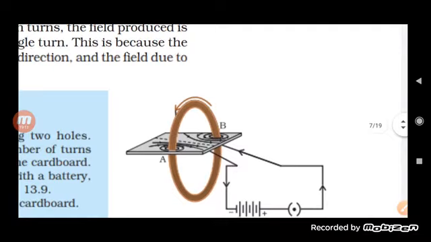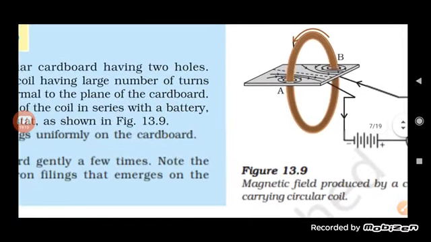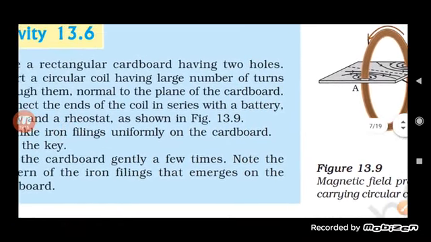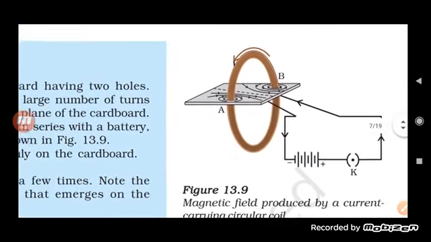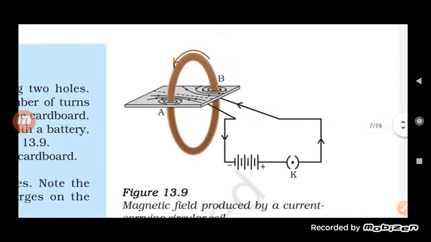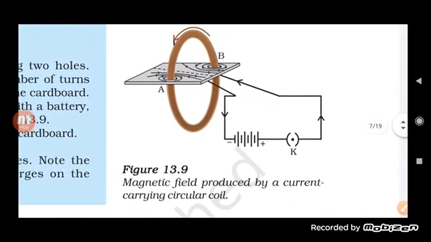So we can say that even if a circular loop is there, it will produce a pattern of iron filings, and that pattern can be seen by us.